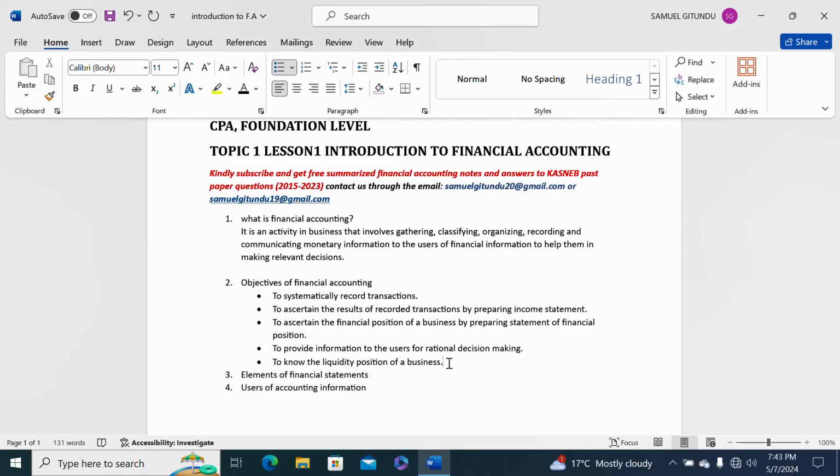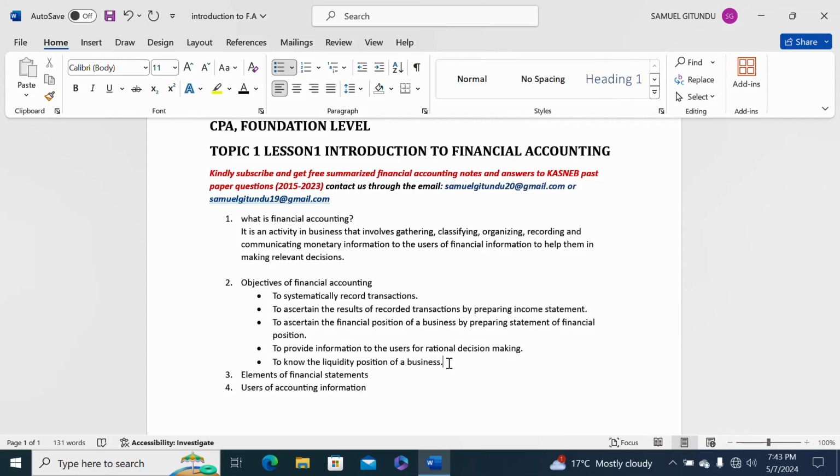If the current liabilities are more than the current assets, then the business is not in a good liquidity position, because it means that the business is not able to meet its current debts. But if the current assets are more than the current liabilities, then the business is in a good liquidity position.